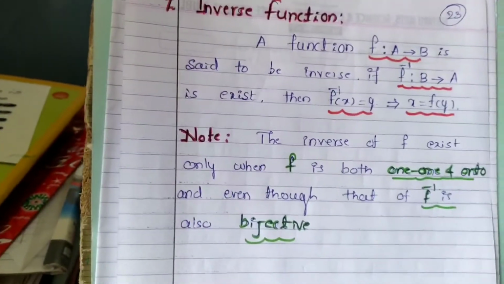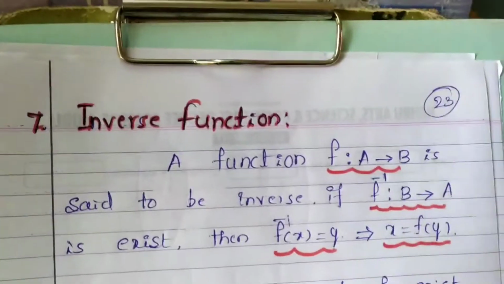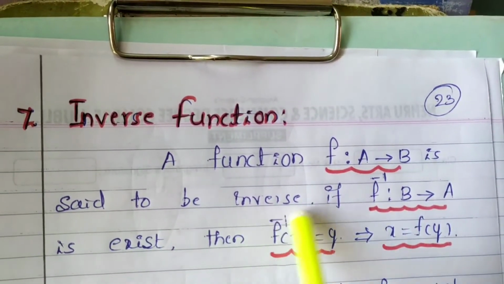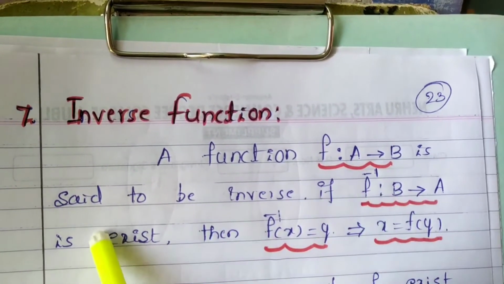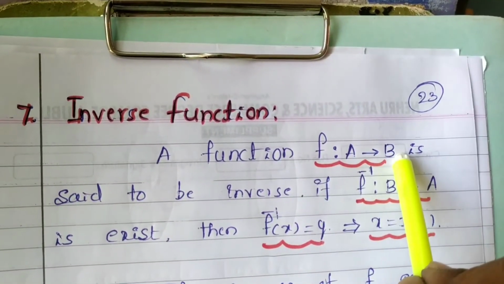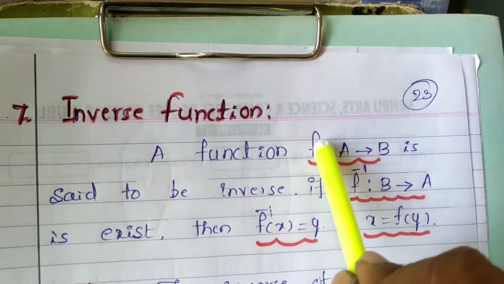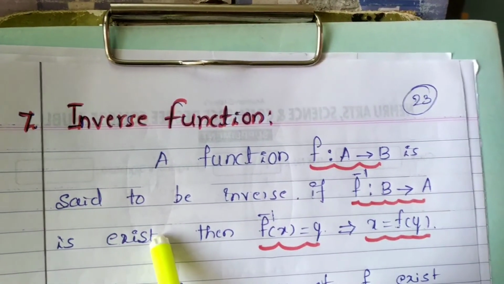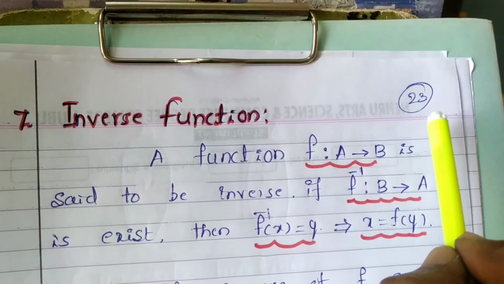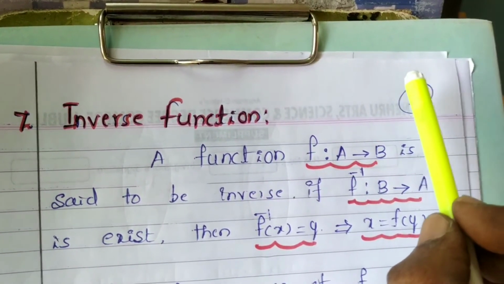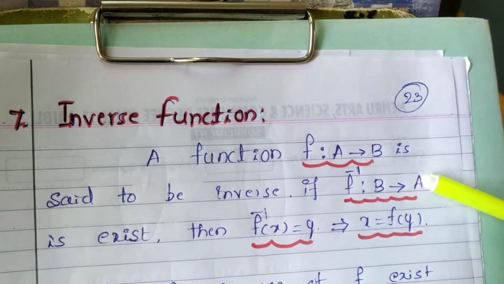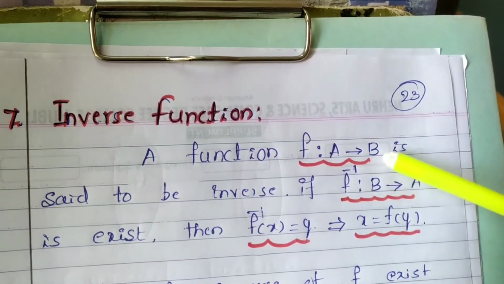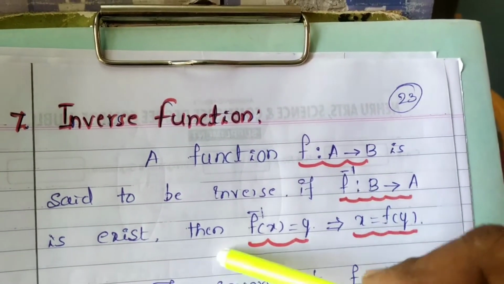Next, lastly, the inverse of a function. What is the inverse function? A function f from A to B is said to be invertible if f inverse from B to A exists, meaning f inverse is also a function from B to A. f from A to B is a rule in which every element of A is associated with a unique element of B; f inverse is one in which every element of B is associated with a unique element of A. Then f inverse from B to A is called the inverse of f.